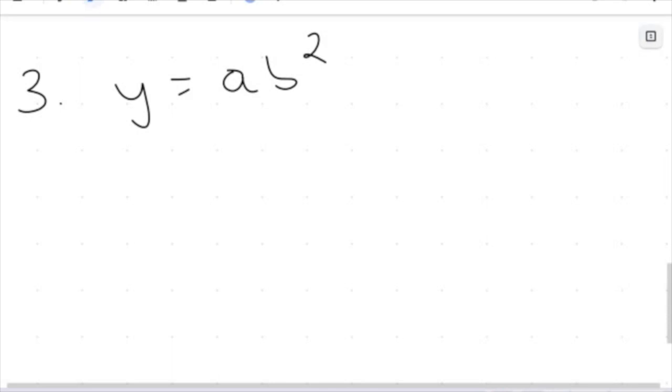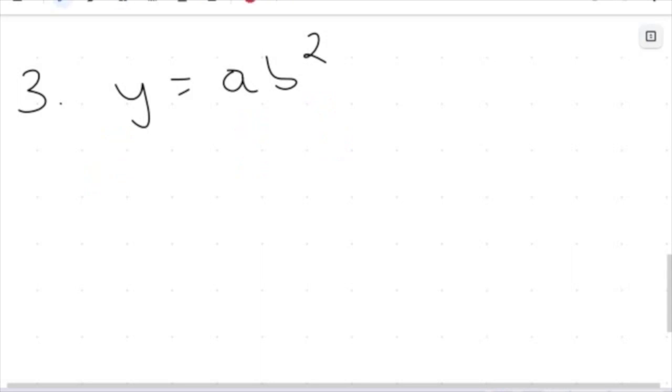Well, it can, because we can substitute in a positive or negative number for a. We can substitute in any positive, any negative number for b, and that's going to give us a whole bunch of different values for y. So at the moment, there are no restrictions on these variables.